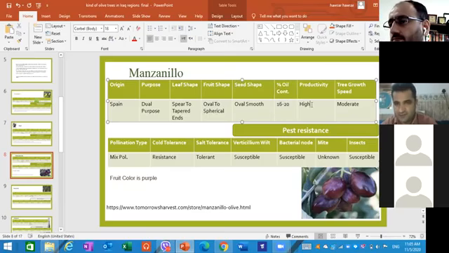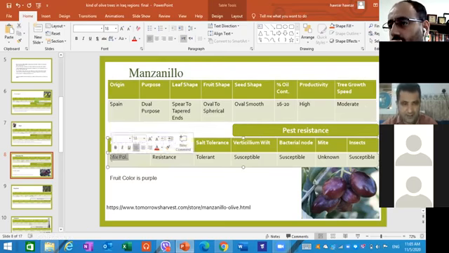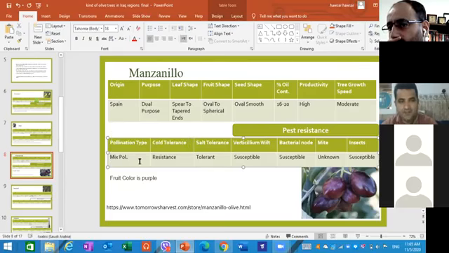Productivity is high, and growth of the tree is moderate. The pollination is mixed, so we can pollinate in the same tree and with other trees.